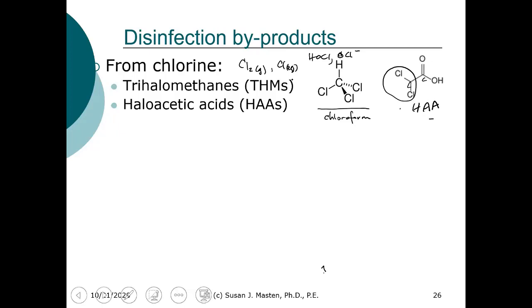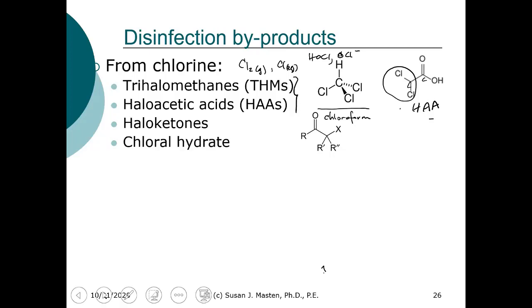These are the only two of the disinfection byproducts that are regulated in the United States. Can also form haloketones. This is a haloketone. The X would be typically either a chlorine atom or a bromine.